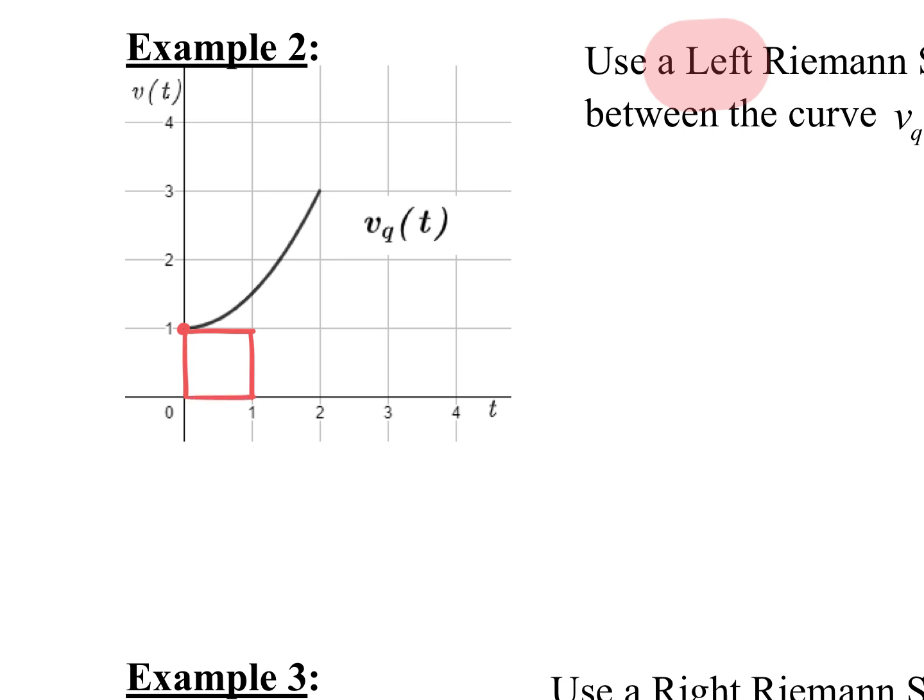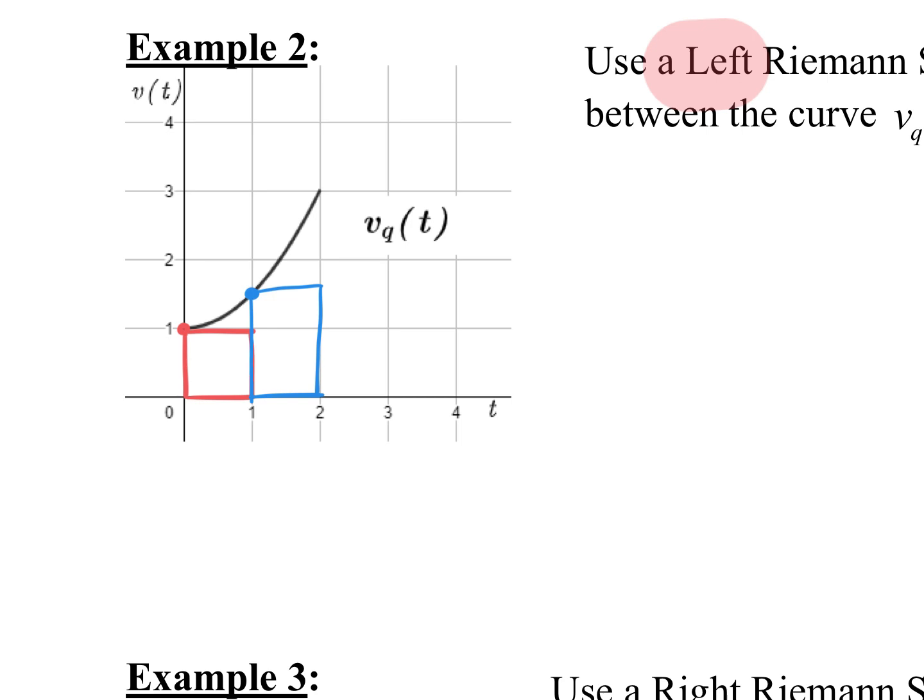My second rectangle is going to start on that curve on the left side of wherever the y value is at 1. And I'm going to draw my rectangle like this. Again, still some area here that's not accounted for, right?